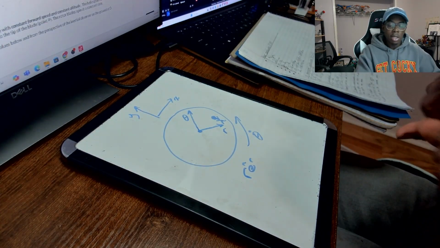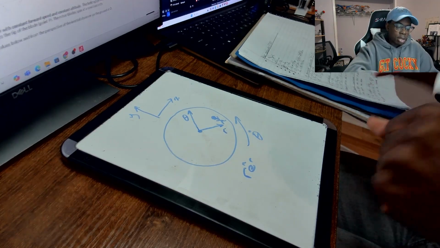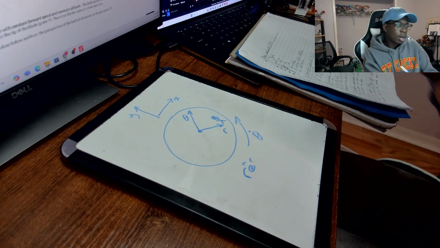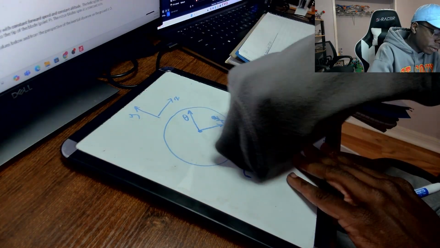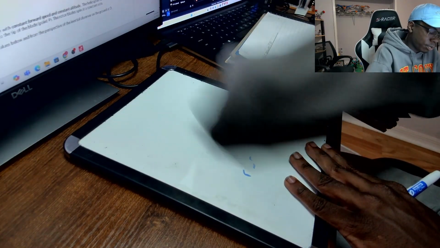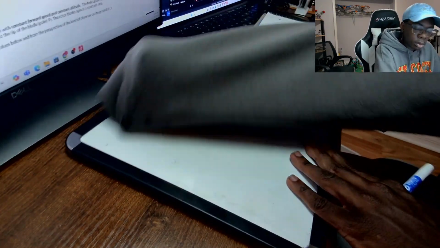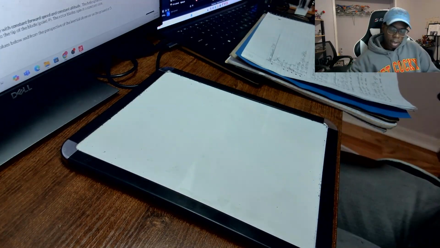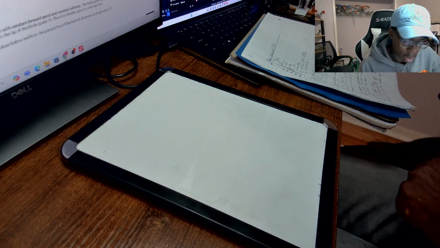So that's what I'm working on in my problems right now. So I gotta get that figured out. I have until 11:59 p.m. to get that done.